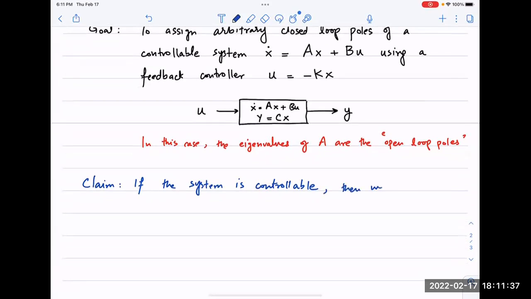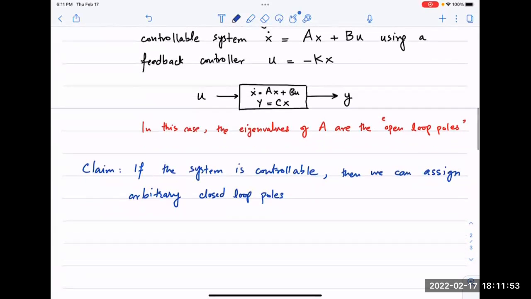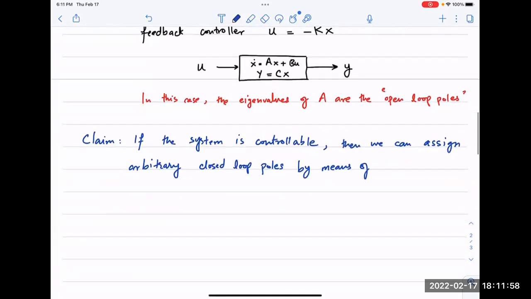So then we can assign arbitrary closed loop poles by means of a state feedback.